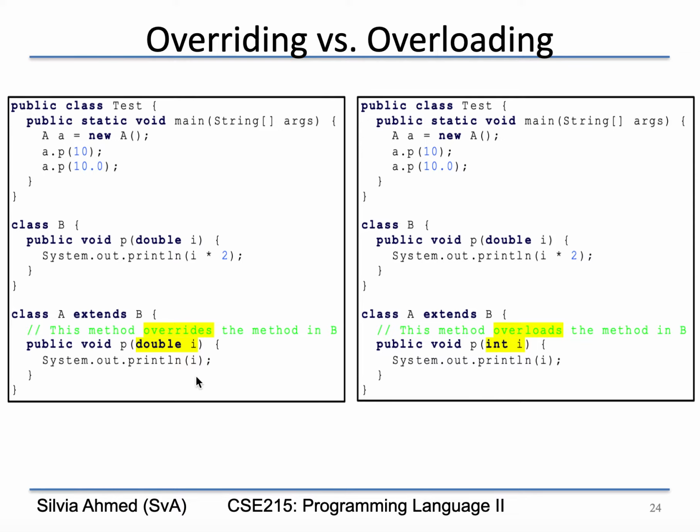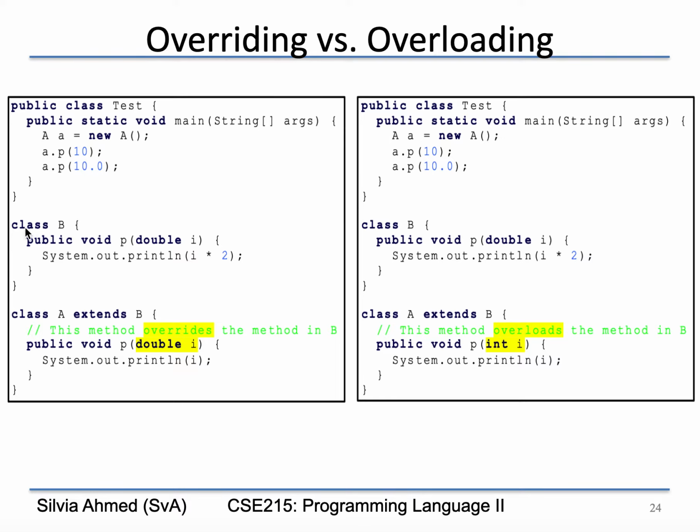But in this other case we have a similar class Test, and inside it we have the main method where we create an object of type A, and from that object we first call the method P with the integer parameter 10, and then with the double parameter 10.0.